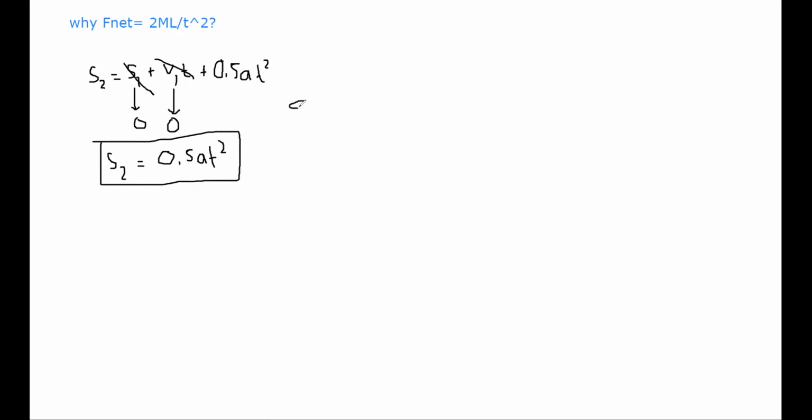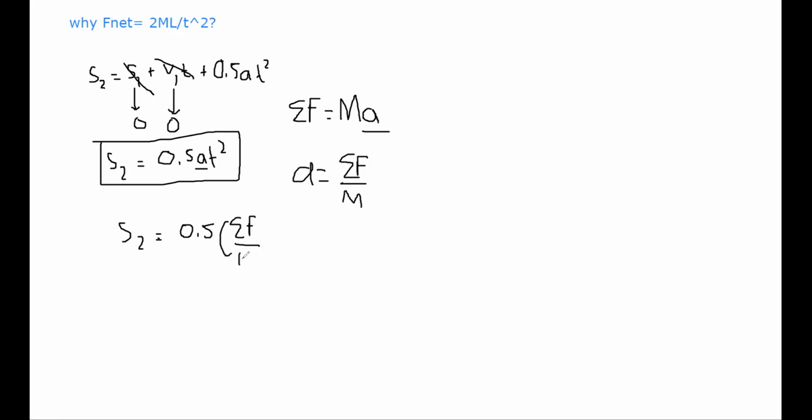Another equation: F equals ma, mass times acceleration. So what you simply have to do is substitute A, make A as F divided by mass. So your new equation becomes like this. Then you rearrange your equation.